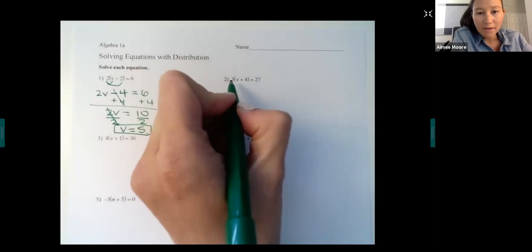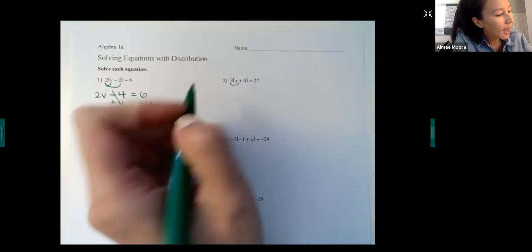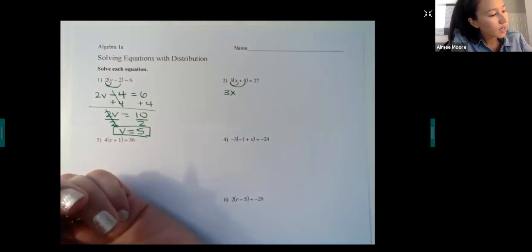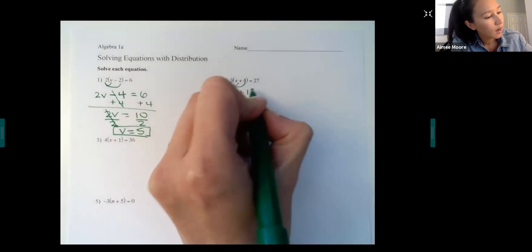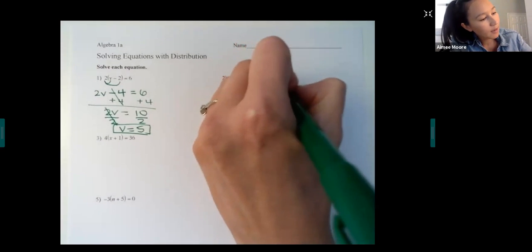So we're going to multiply everything in parentheses by 3. So 3 times x is 3x, and 3 times +4 is +12. And that equals 27.